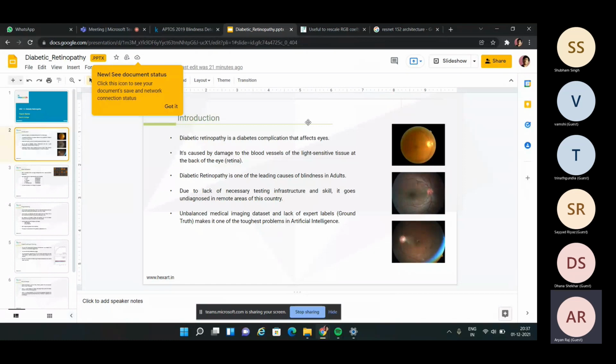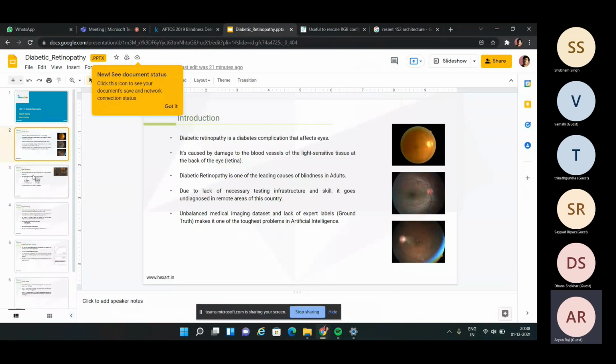It can be done only with a doctor's assistance, so it's a problem. We are here to build a model which can predict this disease from these images. Unbalanced medical imaging datasets make this problem more difficult.